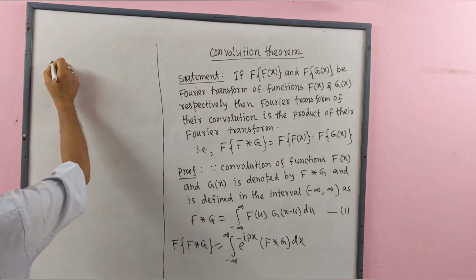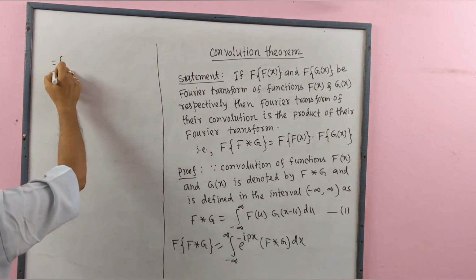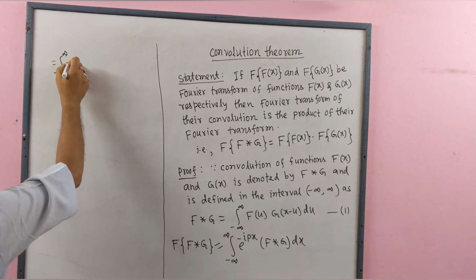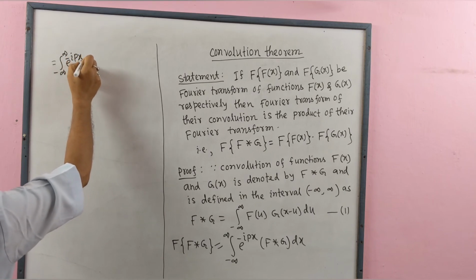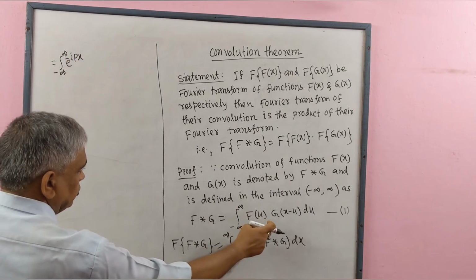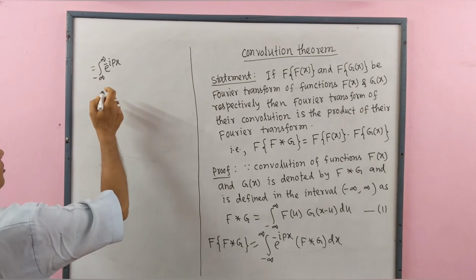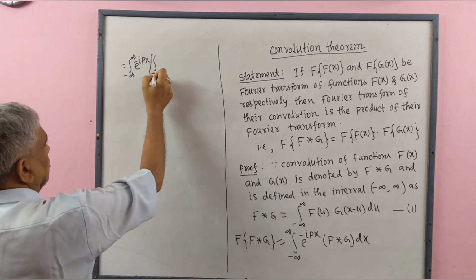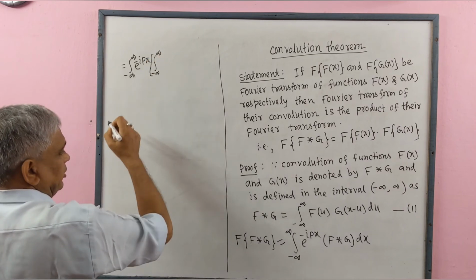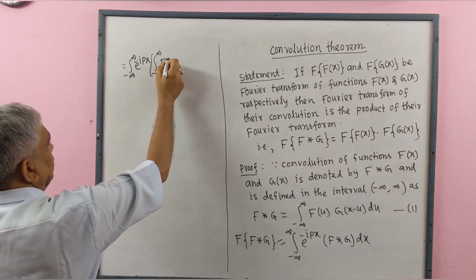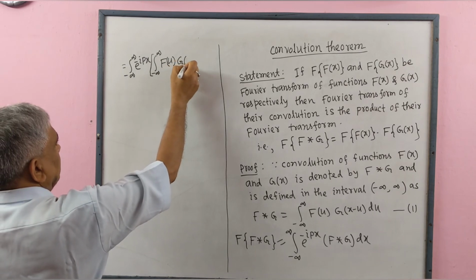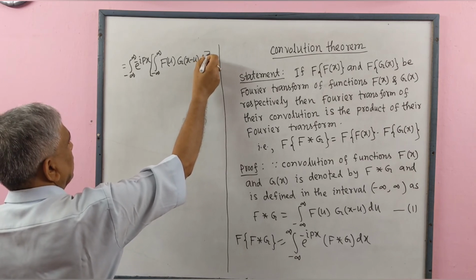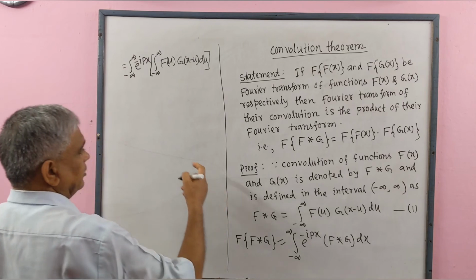This equals the integration from minus infinity to infinity of e to the power minus ipx, and we use number 1, the integration from minus infinity to infinity of f(u) g(x minus u) du, and outside dx.